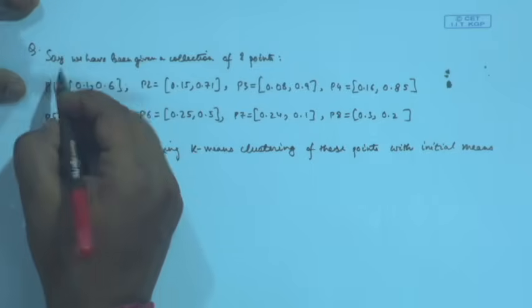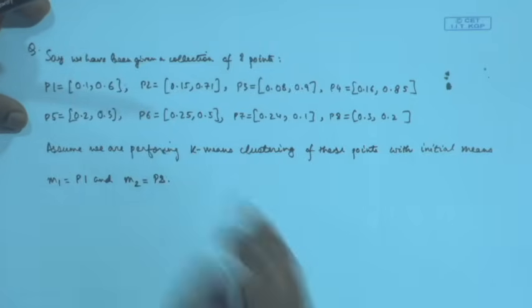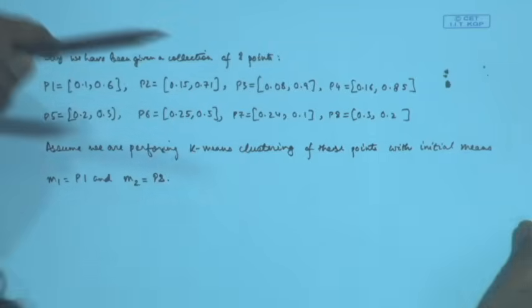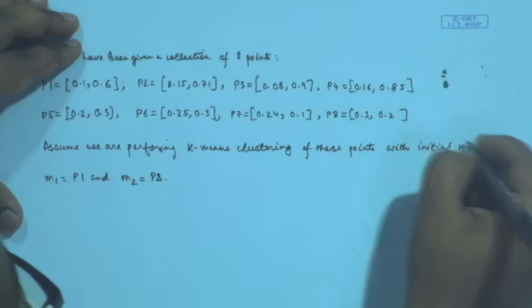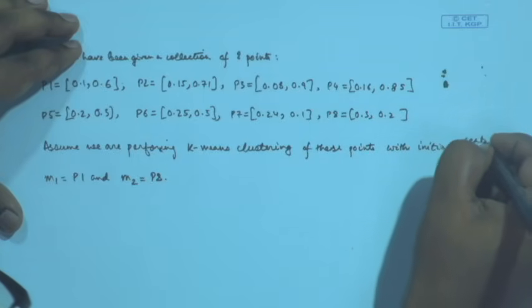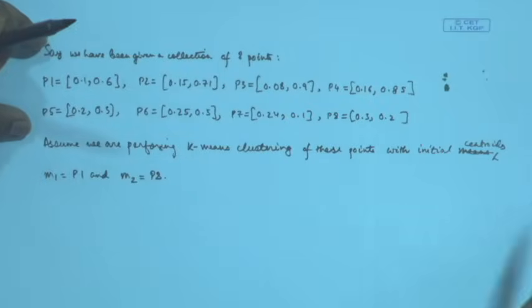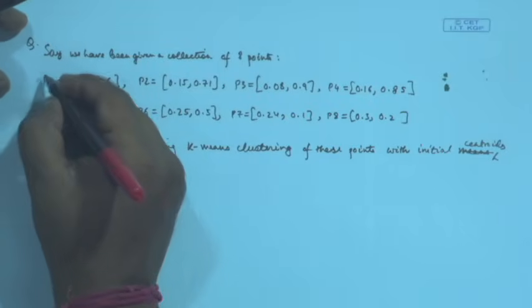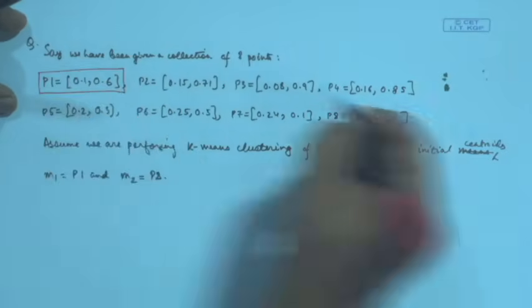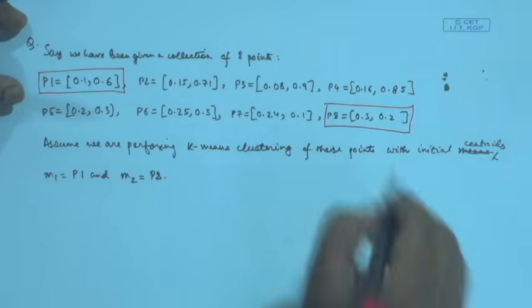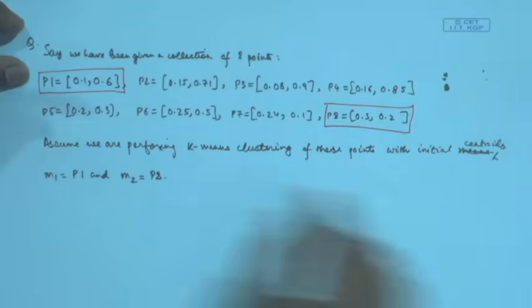So, I just said that we choose the initial centroids, the initial means, right. I should say centroid. So the initial centroids are chosen randomly. So we randomly choose P1 and P8 as the initial centroids, say.